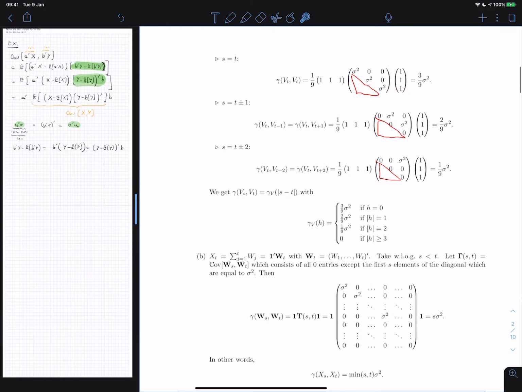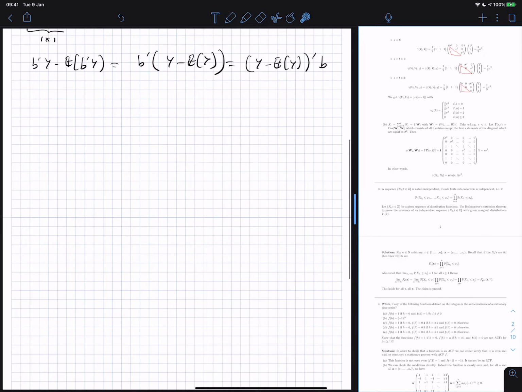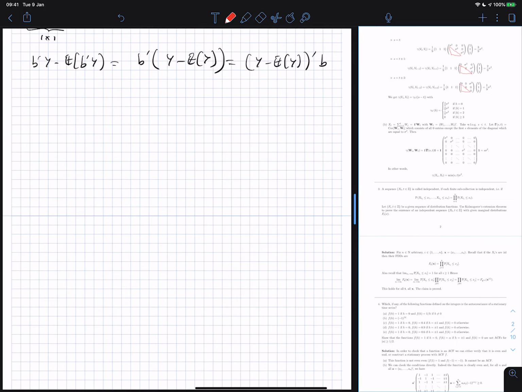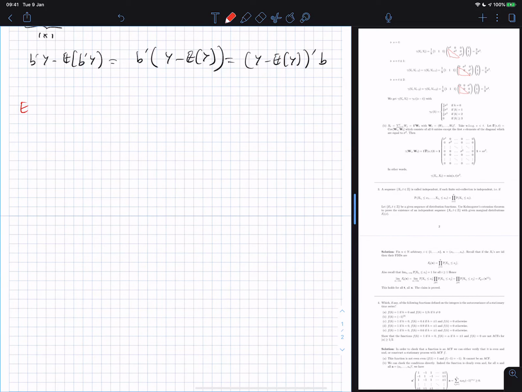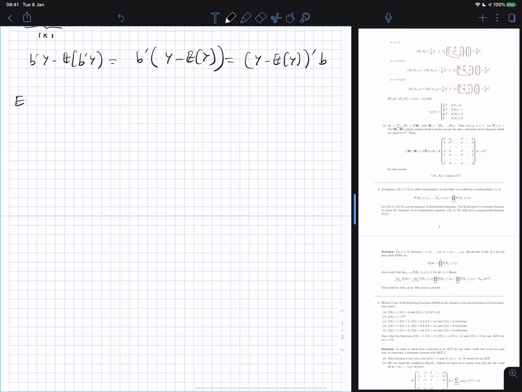But now this linear combination is just a mixture of the WTs, W1 to WT, with weights 1. So we have this expression here. And then what do we have? Well, maybe I should write it out. So exercise 2b. So xt is this.